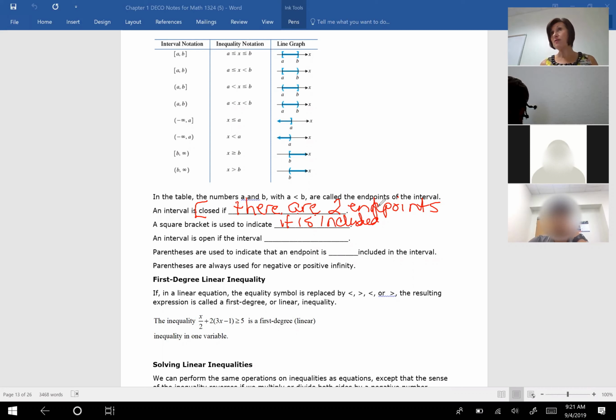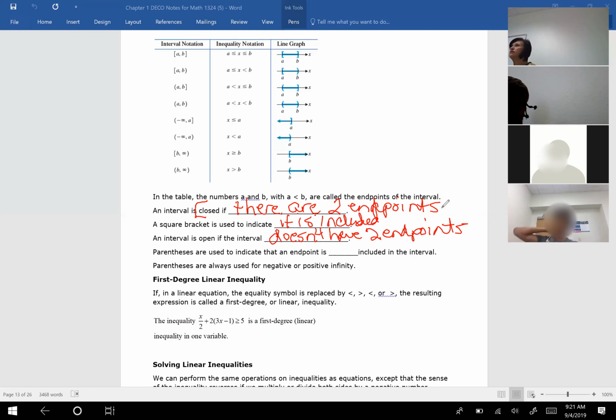But an interval is open if the interval what? Yeah, if the interval, and let's write it this way, doesn't have two endpoints. I'm not sure why the blank is so small, but that's what we would put there. Okay, so that means if it goes on to infinity, even if there's a bracket on one end, it's still an open interval because you have to have two endpoints and everything in between for it to be closed.